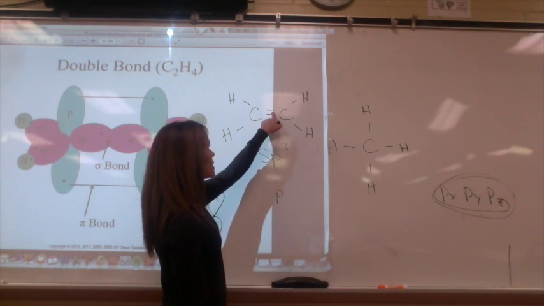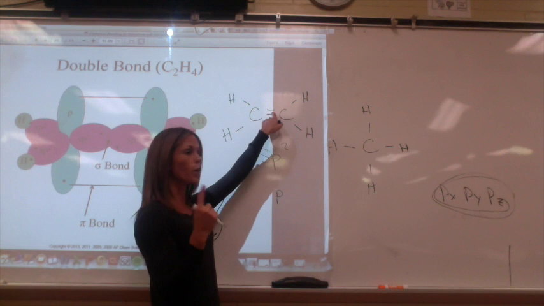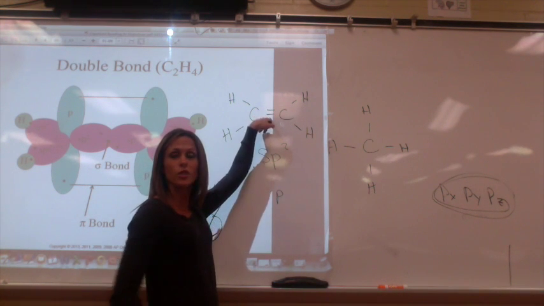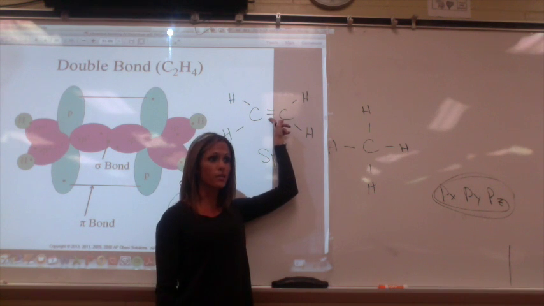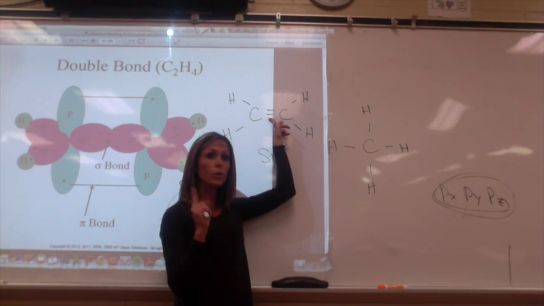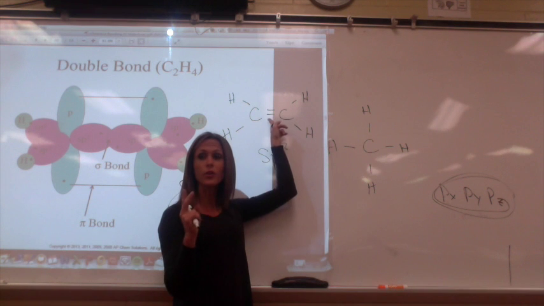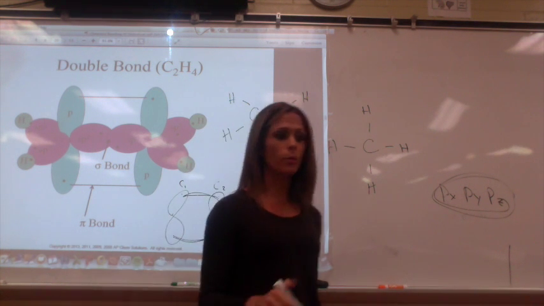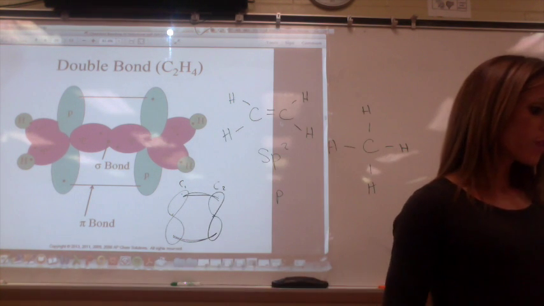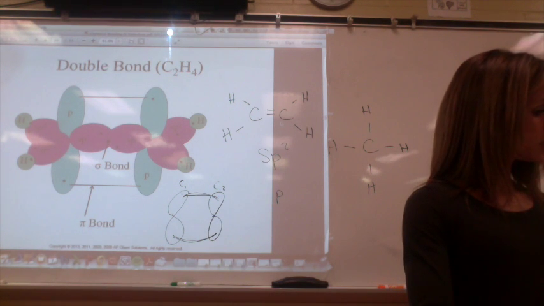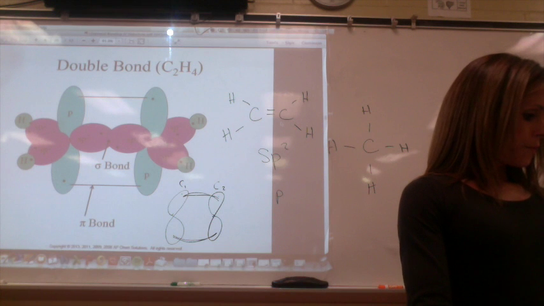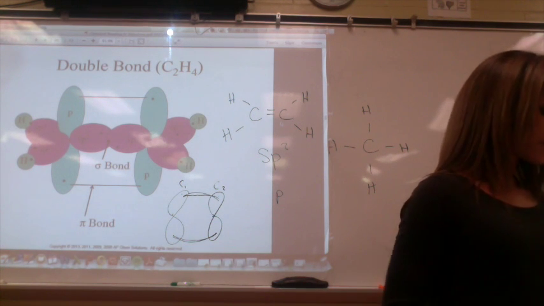So 1 of these is morphed and 1 of these is unmorphed. You will always see that when you have double bonds or triple bonds. That's characteristic. Only 1 of them will be morphed. The other 2 will be unmorphed p orbitals. It's not on my slide, so I have to write it for you.